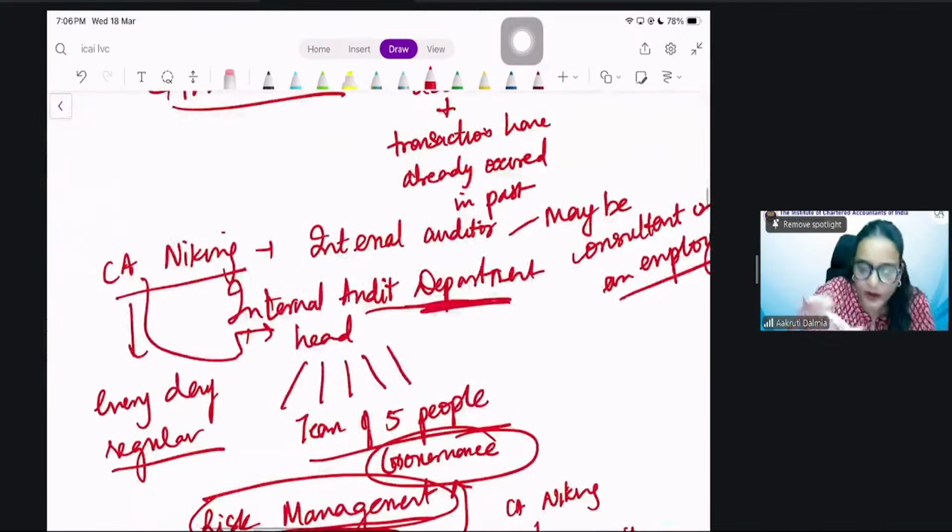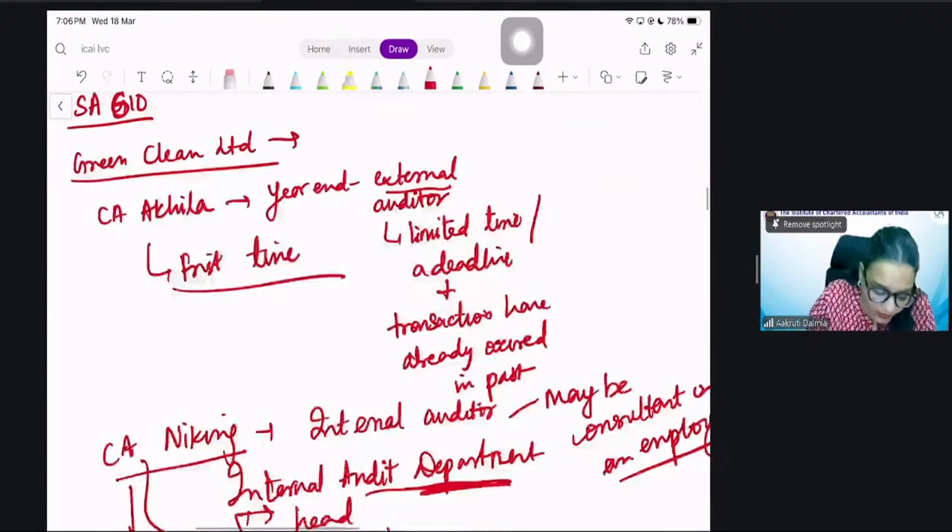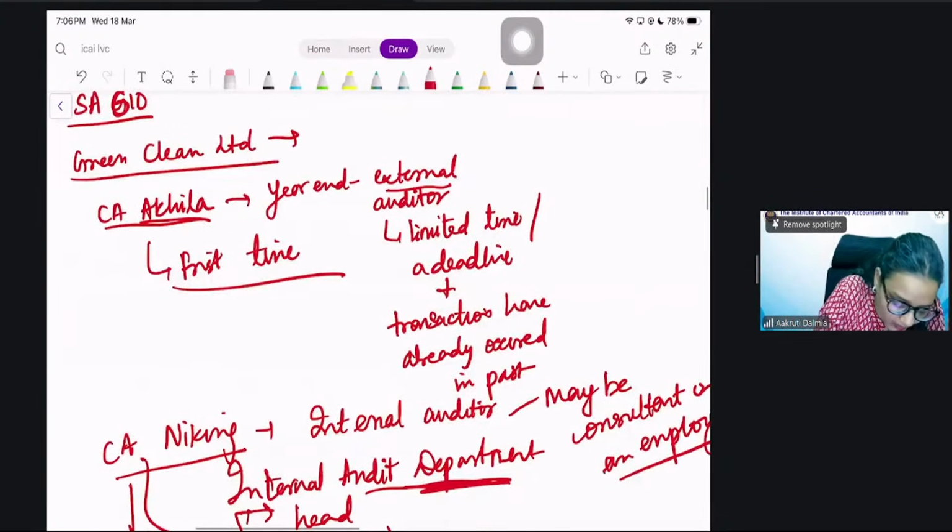Now, since you understand what is internal audit, now let's say CA Akhila has come as an auditor. Do you think that Akhila will have in mind that CA Nikunj must have done so much work already? Let me use his internal audit reports that he has given for the whole year to help me give some planning help.